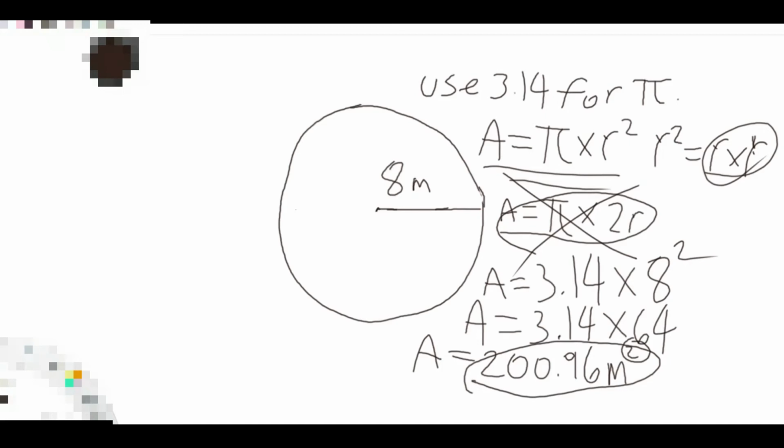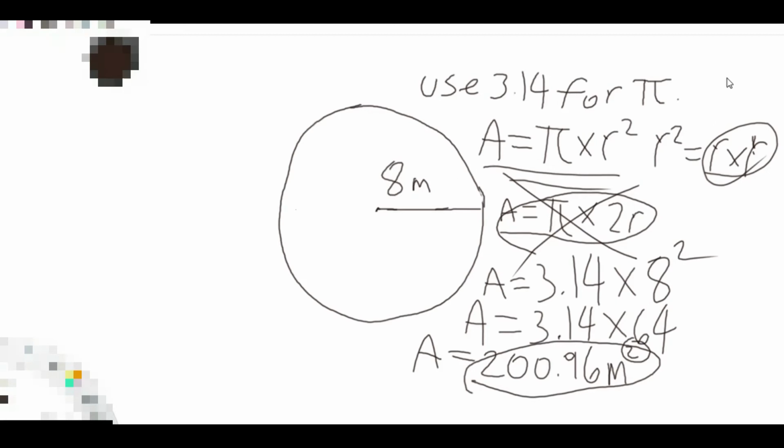And this is area, not volume. A circle here is 2D. Do you understand that?